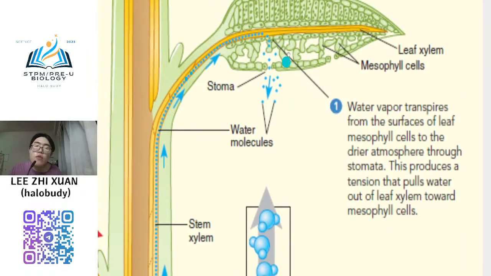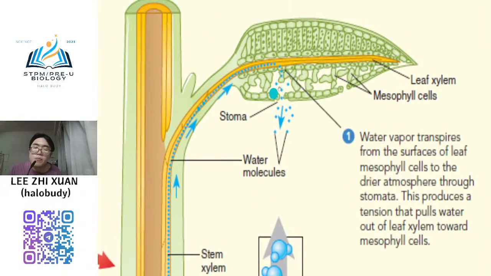Okay, so when your water is evaporated out, meaning that this space should contain a lot of water, because you need to know that our leaf contains many mesophyll cells, like palisade mesophyll cells that you already learned about in leaf structure in STPM.